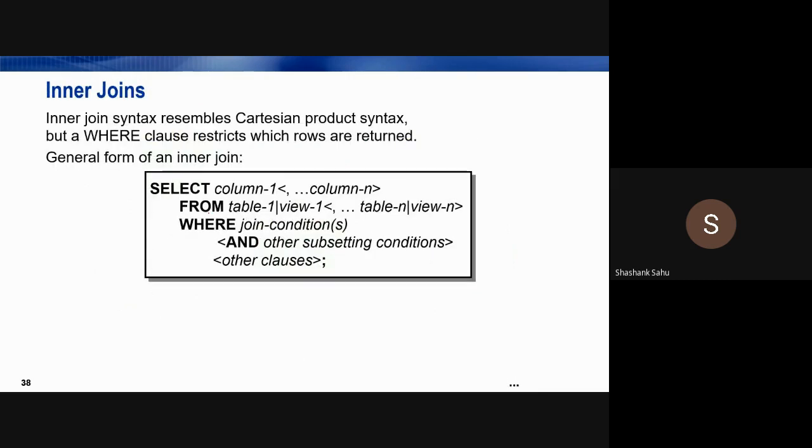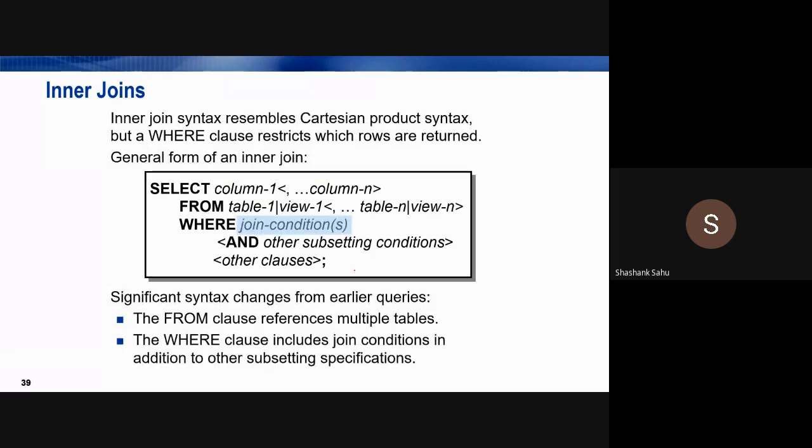Now, this is the theory part. How will you do it in MySQL? So the syntax is mentioned here in MySQL. We have inner join that uses the Cartesian product, then applies the where clause. So the sentence is column 1 to column n, then we take the table, then we have the join condition, then we can apply the AND operation also.